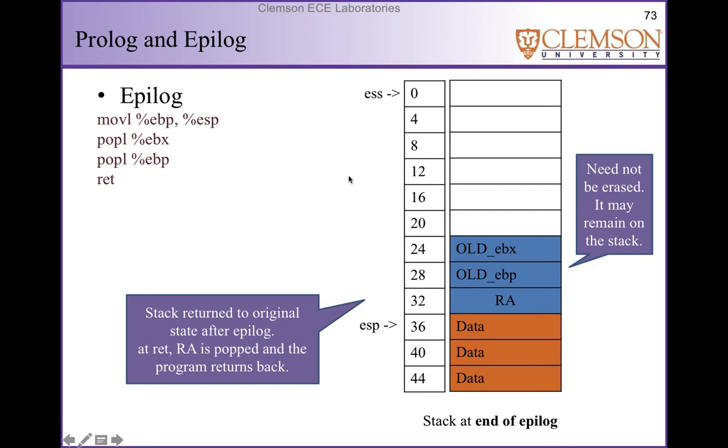Now epilogue. EBP was pointing here, remember, and our ESP was pointing here. When we're saying movl EBP to ESP, we are skipping all those local variables and just going back to where we were before we started our function.